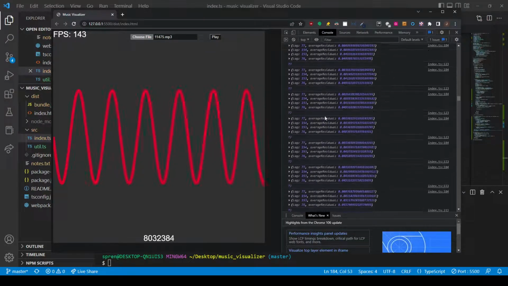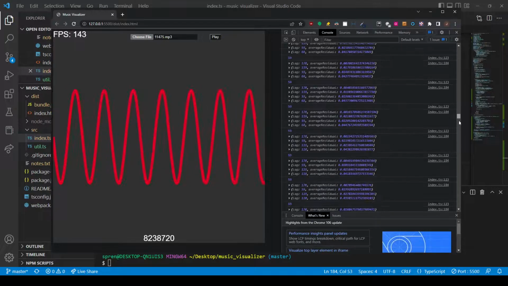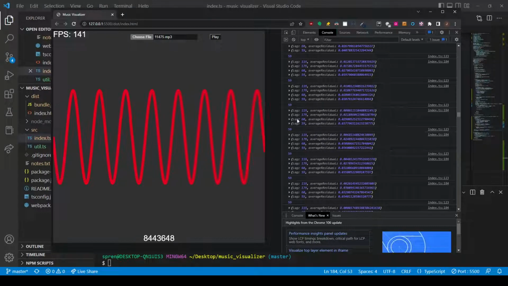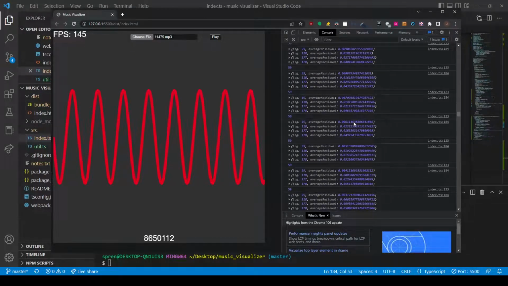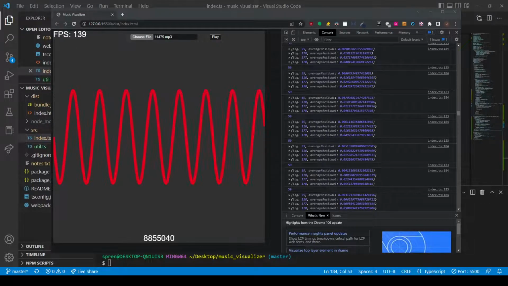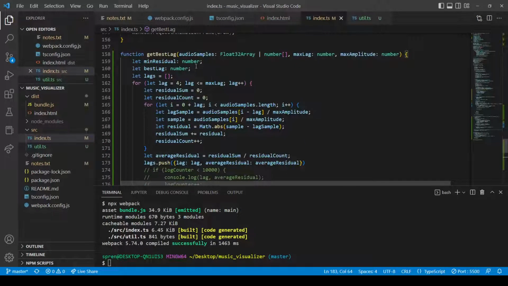How silly would that be? I'm doing it. That might work. That might just work.